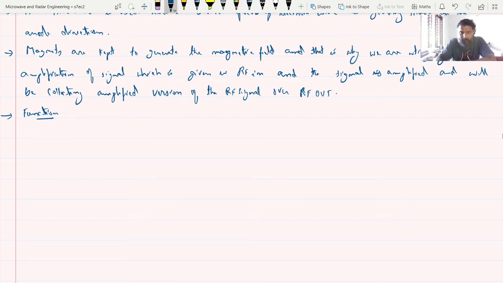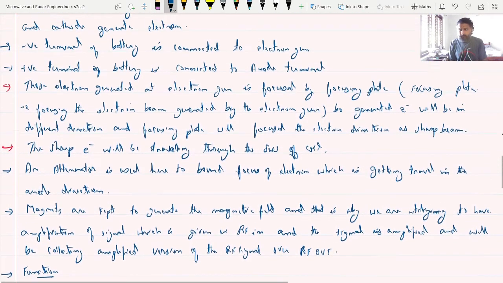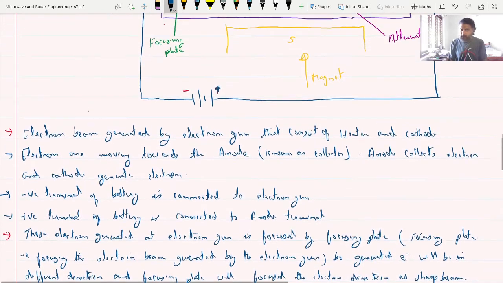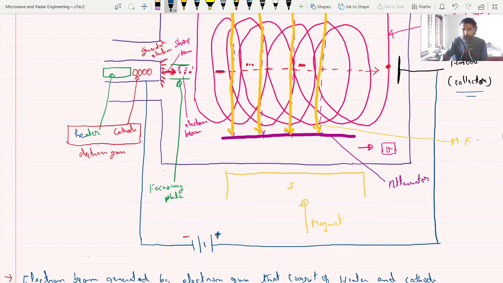In general, a continuous electron beam is generated by the electron gun, and that electron beam will move in the direction of the anode. That you already know.